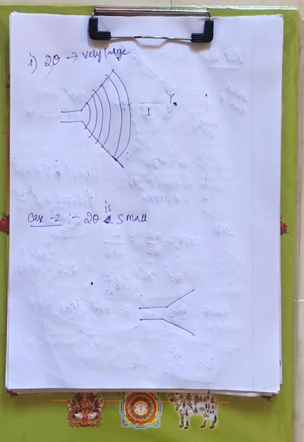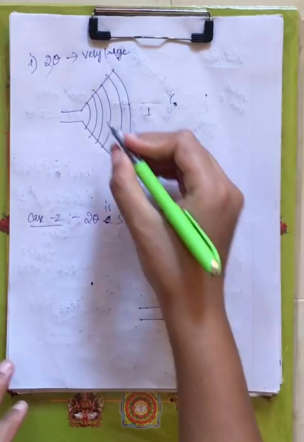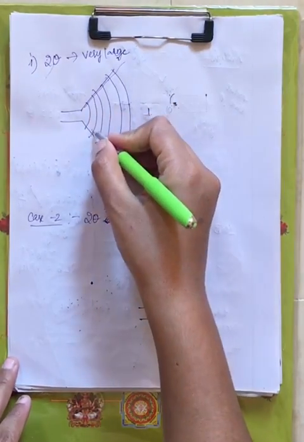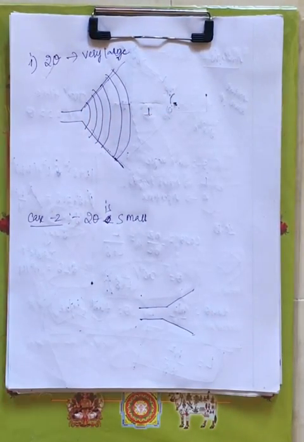If the flaring angle is very large, what happens? There is a wide opening, and because of that wide opening, the signal is transmitted very wide, which results in non-uniform phase distribution.